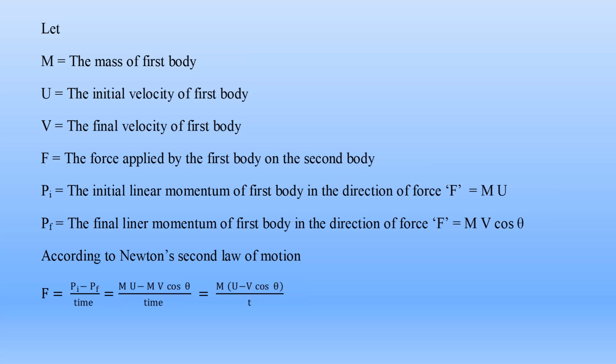Here the initial linear momentum in the direction of force F is equal to the mass of the body times the initial velocity of the body in the direction of force F. Similarly, the final linear momentum in the direction of force F is equal to the mass of the body times the final velocity of the body in the direction of force F.